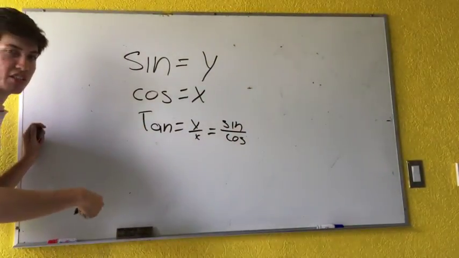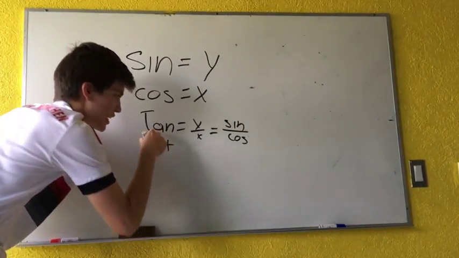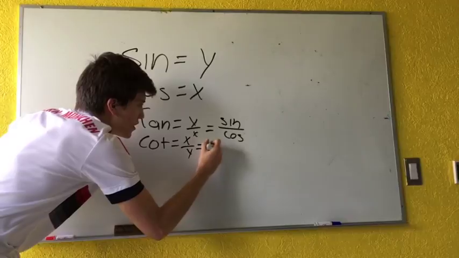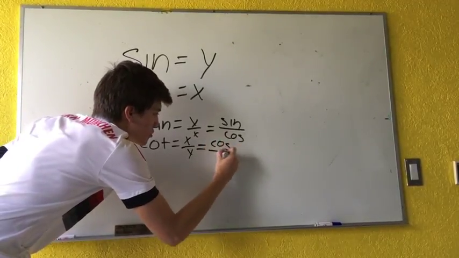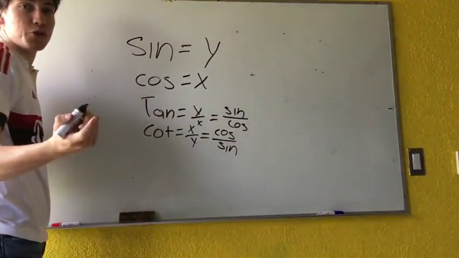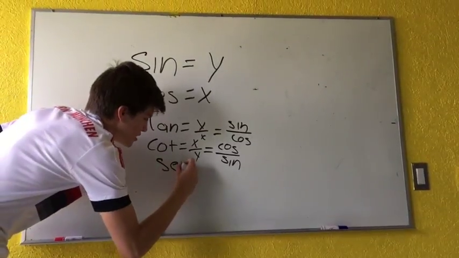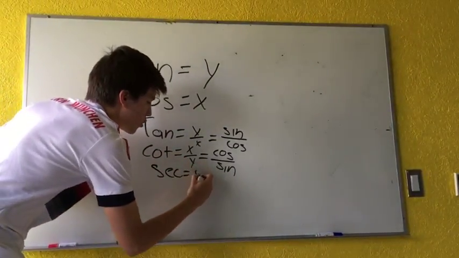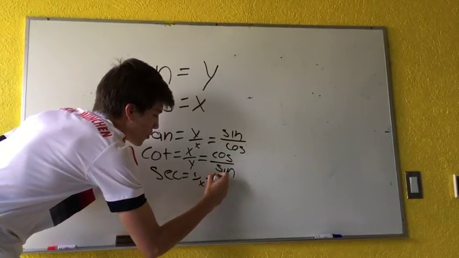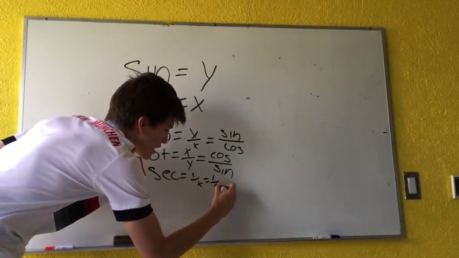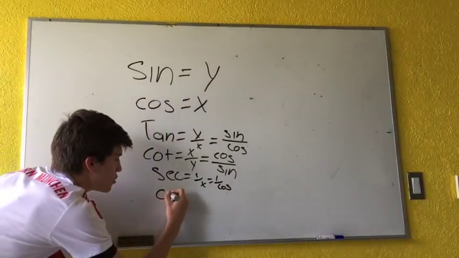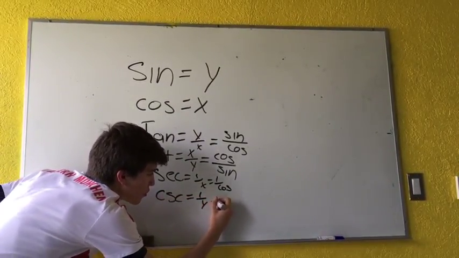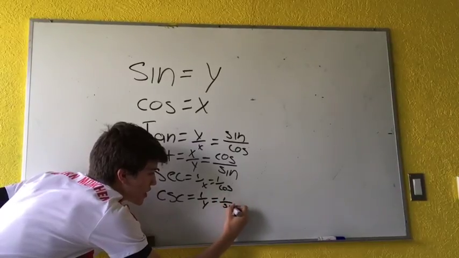Then we have cotangent, that's the opposite of the tangent, that's x over y, or cosine over sine. The other two are secant, that goes with cosine, that's 1 over x, or 1 over cosine, and cosecant, that's 1 over y, or 1 over sine.